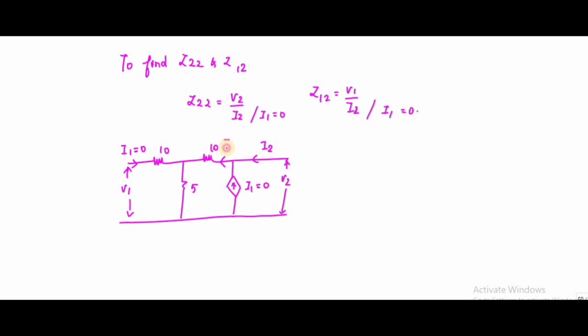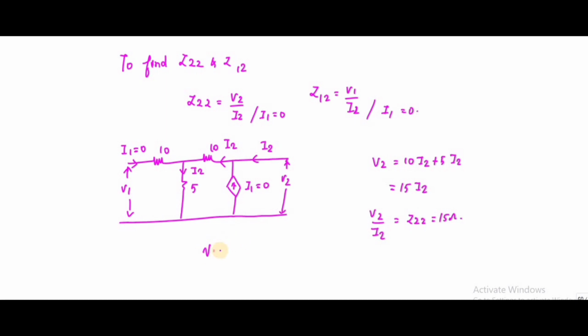I can write V2 this way. According to Kirchhoff's current law, this is I2, and this is also I2. So V2 is equal to 10 I2 plus 5 I2, that is 15 I2. So V2 by I2, that is Z22, is equal to 15.